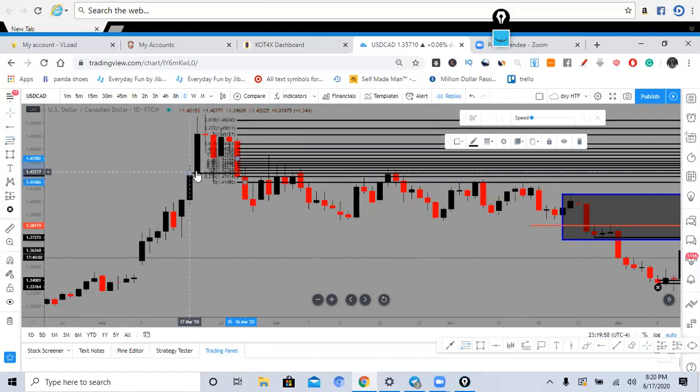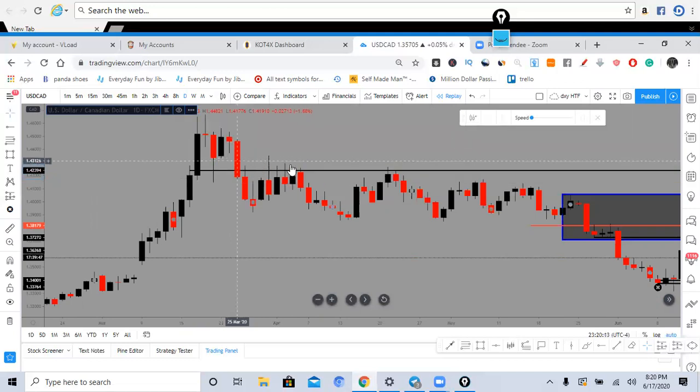No, this is right. I'm on the trip and I was right. 23, 38. So I marked the 50% of this candle where this wick is at, right?